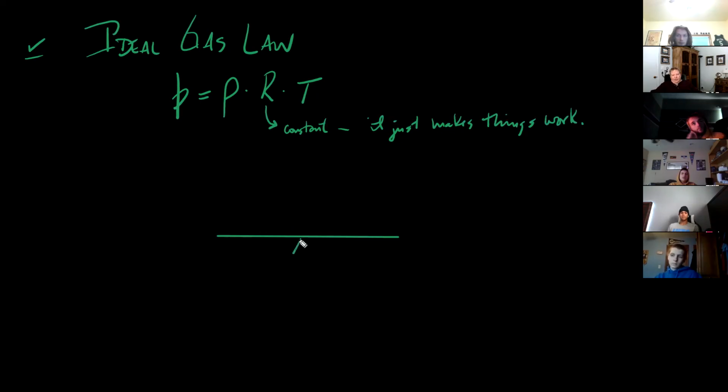Okay, so here's a teeter-totter. And I'm just going to put equals R on the bottom so that you understand this is in there. On the left side of the teeter-totter is pressure. That's the left-hand side of the equation. On the right-hand side is density and temperature. Imagine three kids playing on this teeter-totter.